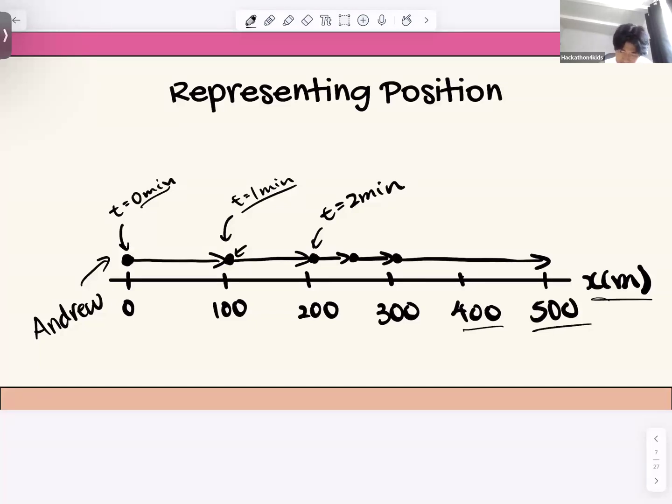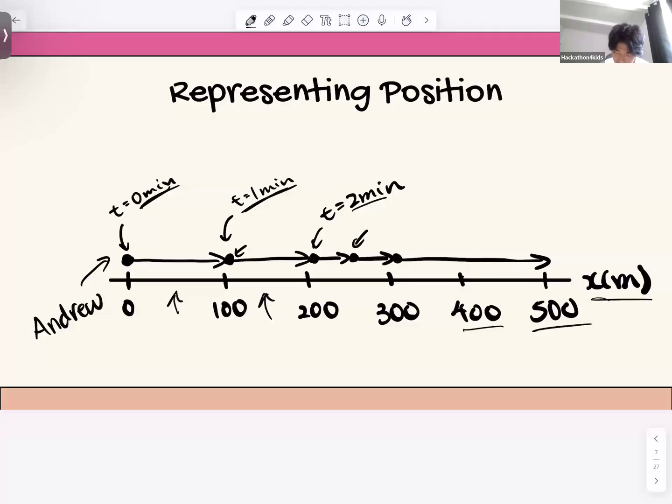From here, you can see that Andrew covers 100 meters from time equals 0 minutes to time equals 1 minute for this interval. And he covers another 100 meters from 1 minute to 2 minutes. Okay.